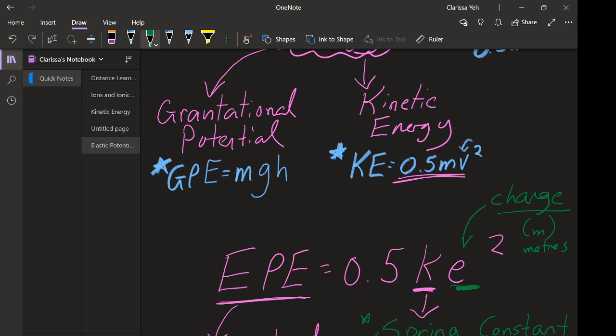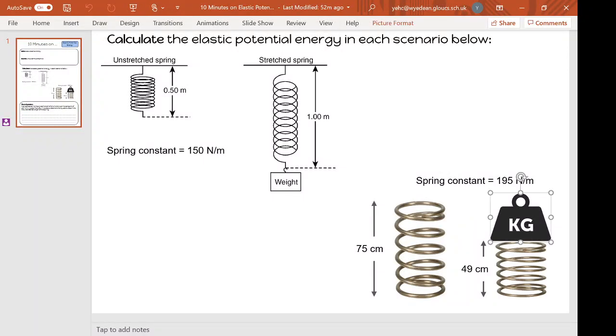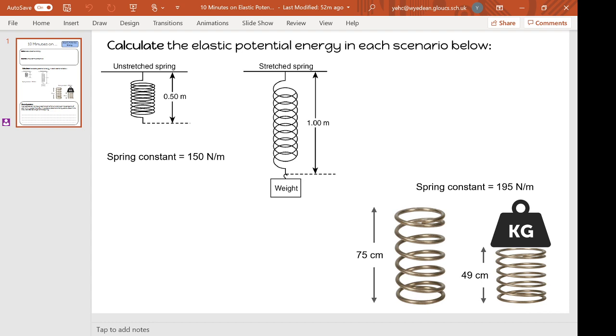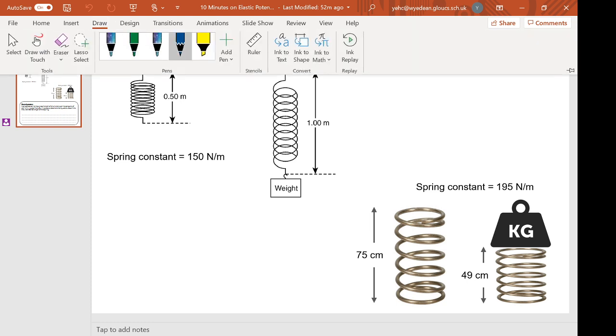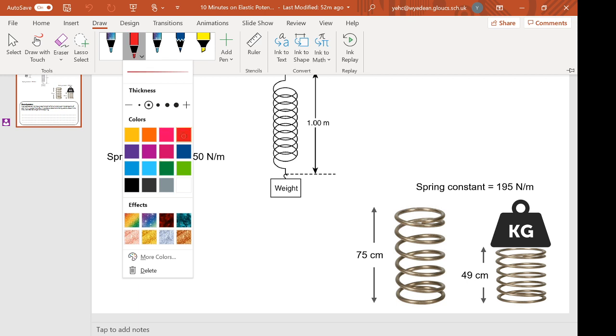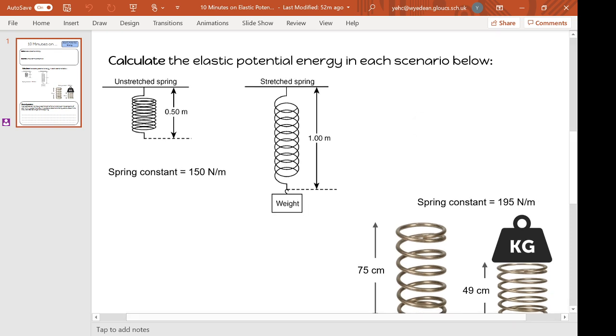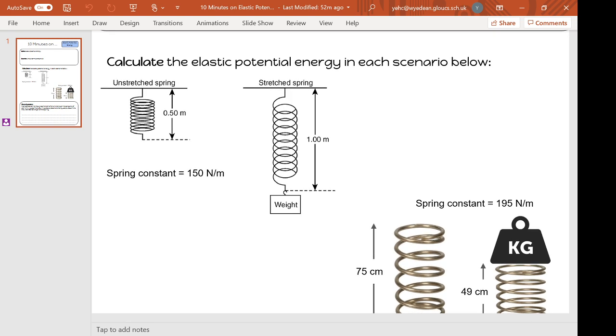Okay, let's do some examples. I have here two examples. So my formula, I'll write just up here, EPE equals 0.5 KE squared.